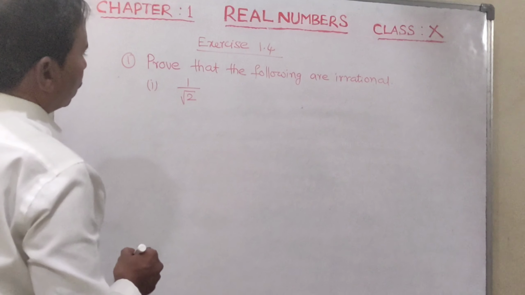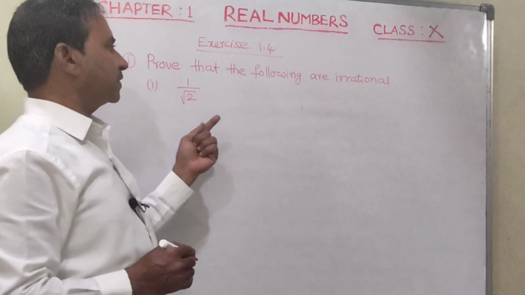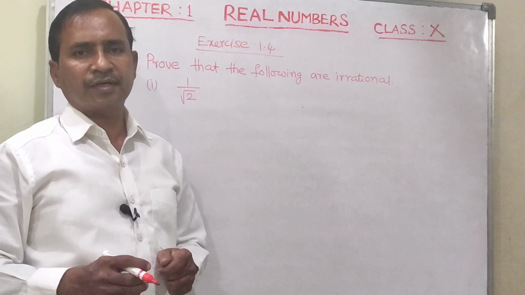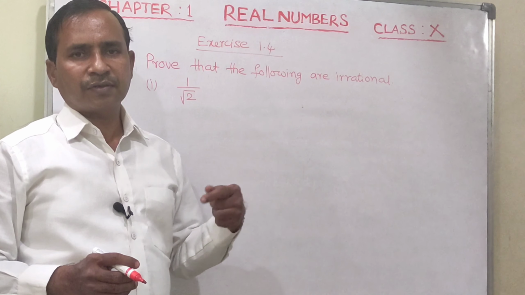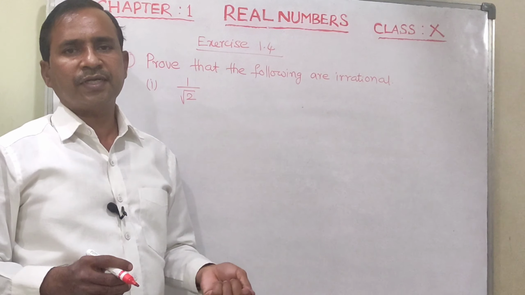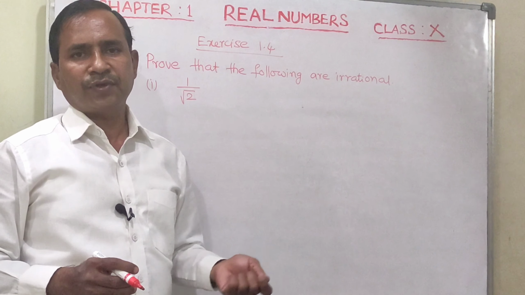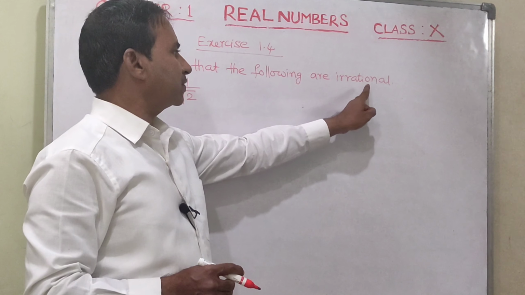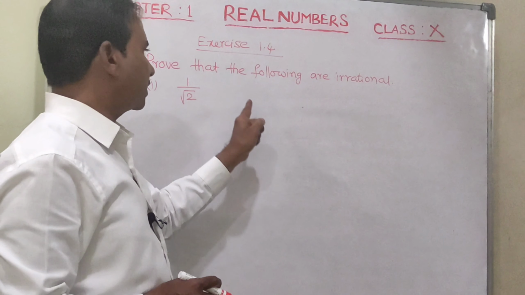See children, all these exercise 1.4 problems we will do by proof of contradiction. What is the proof of contradiction? Whatever the question is asking to prove, we will take its contrary, the opposite of the given statement. Here, he is asking to show that it is an irrational number, so we have to consider that the given statement is a rational number.